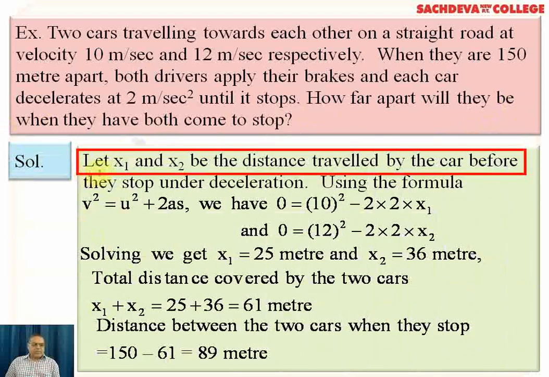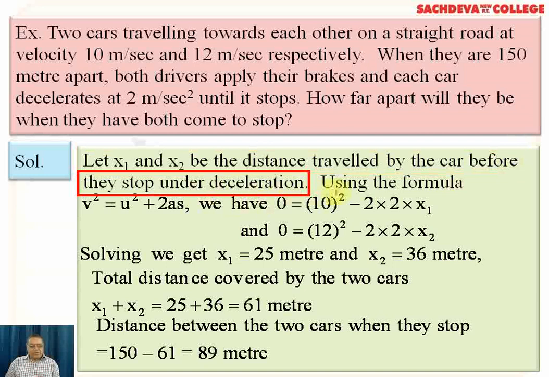So to solve this question, we make a certain assumption. That is, x1 and x2 are the distances traveled by the cars before they stop under deceleration. Using the formula v square minus u square is equal to 2as, or v square is equal to u square plus 2as, we compute the values and form two equations. One of the equations is in terms of x1, the other is in terms of x2.